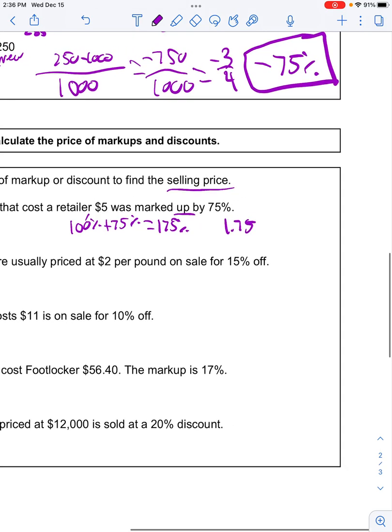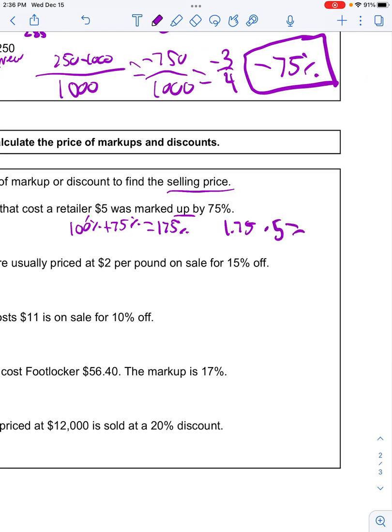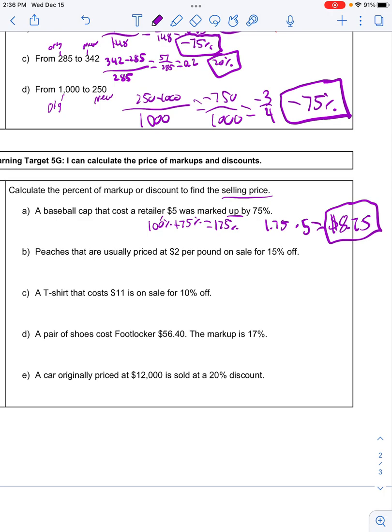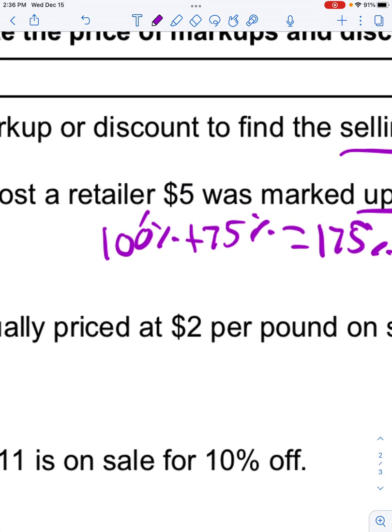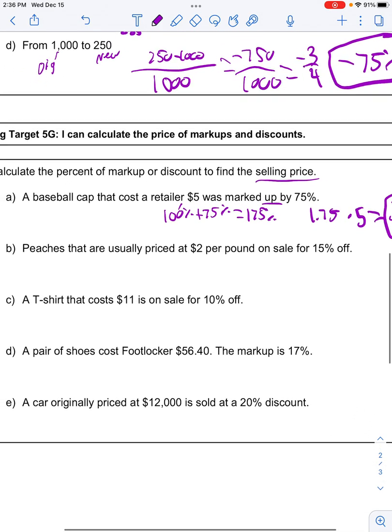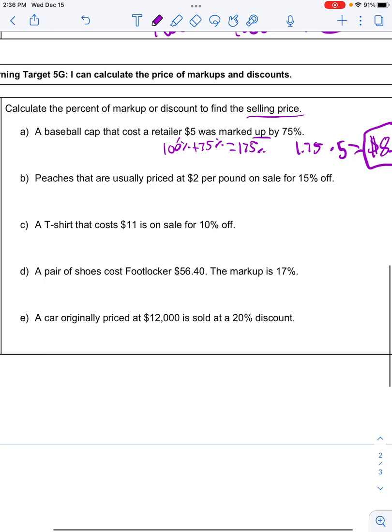Let's turn that into a decimal and say 1.75 times 5 equals $8.75. That's the selling price. So again, if I just wanted the markup, I would just do 0.75 times 5, and then I would add it to what I started with. I did that with my percents, and I said, well, I already know that I'm starting at $5, which is 100%, and I'm adding 75% markup.